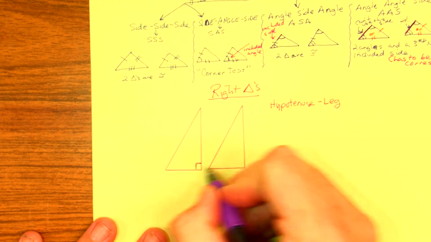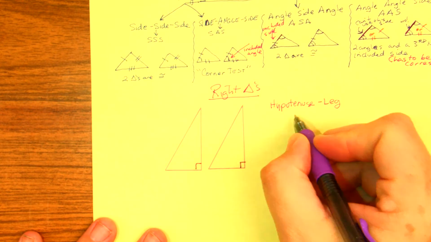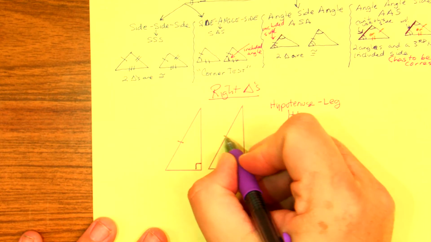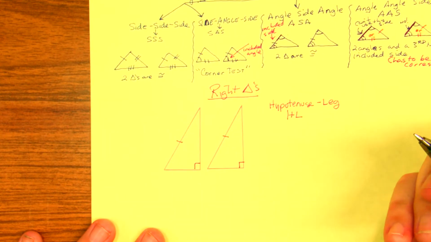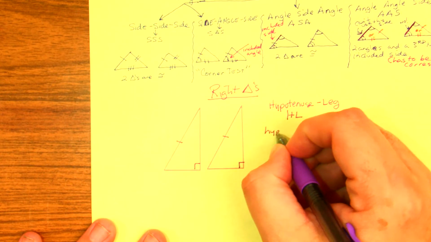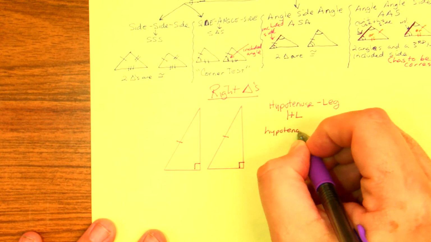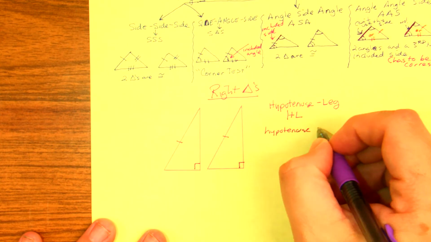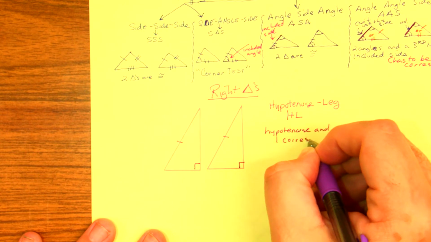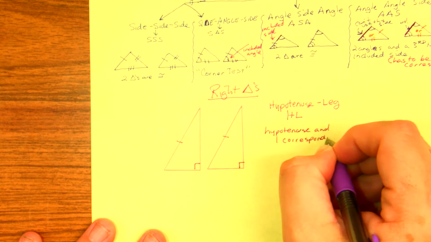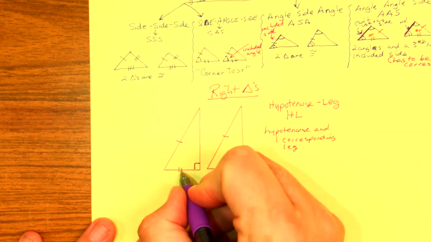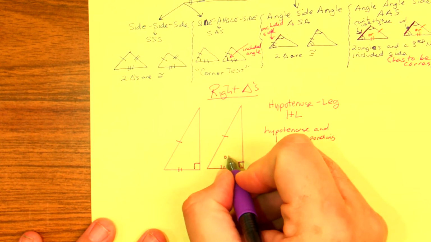If you can show, and this is HL, if you can show that the hypotenuse is congruent to a hypotenuse, and then one leg, so you need the hypotenuse and one corresponding leg. So you can either have this guy or this guy.